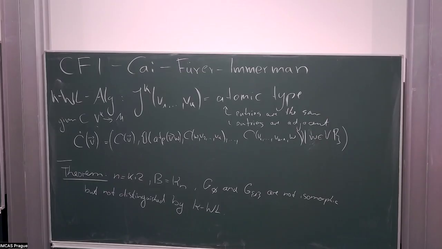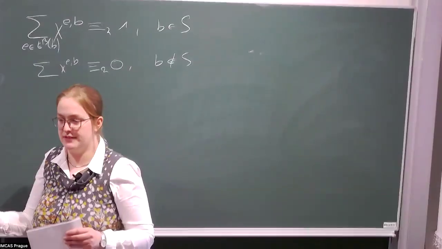So if we have some variables and they belong to all the edges around the vertex B, then we would want this to be congruent 1 if B is in S, and we would want this to be congruent 0 if B is not in S. But if we think of those, okay, do we take the edge into the subset or not, as a global thing, then we would maybe want to take the edge or not depending on what end vertex of the edge we're looking at.